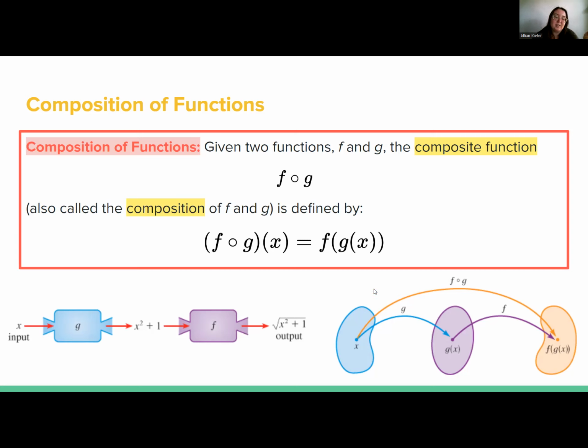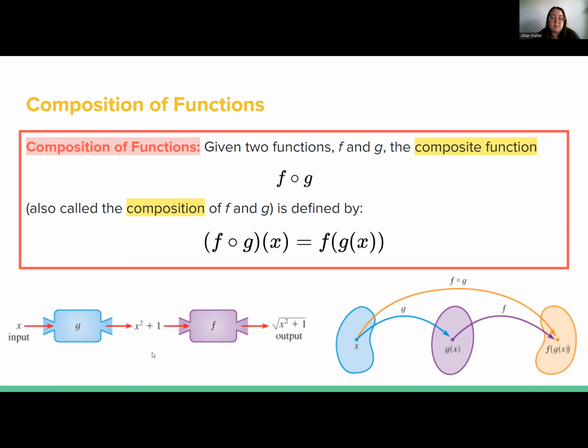But with this visual here, we have g and f, so our two functions, g and f. We give the input to g, so we give x to g. g is a function, it spits out x squared plus 1, and you're going to take that result and put it into your function f. So giving x to g made g x squared plus 1.